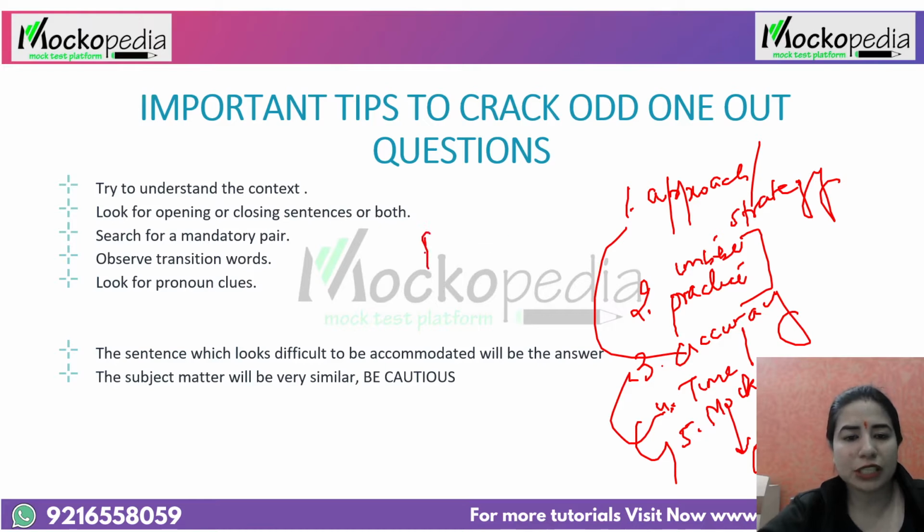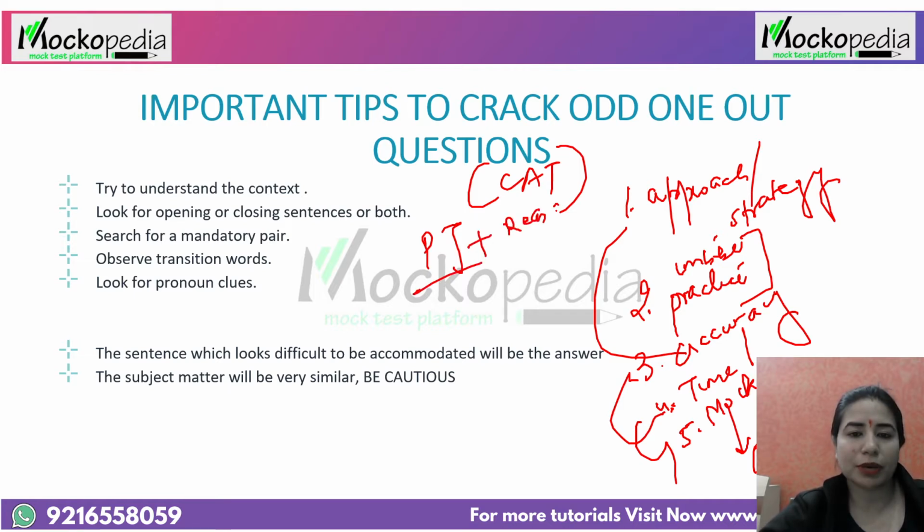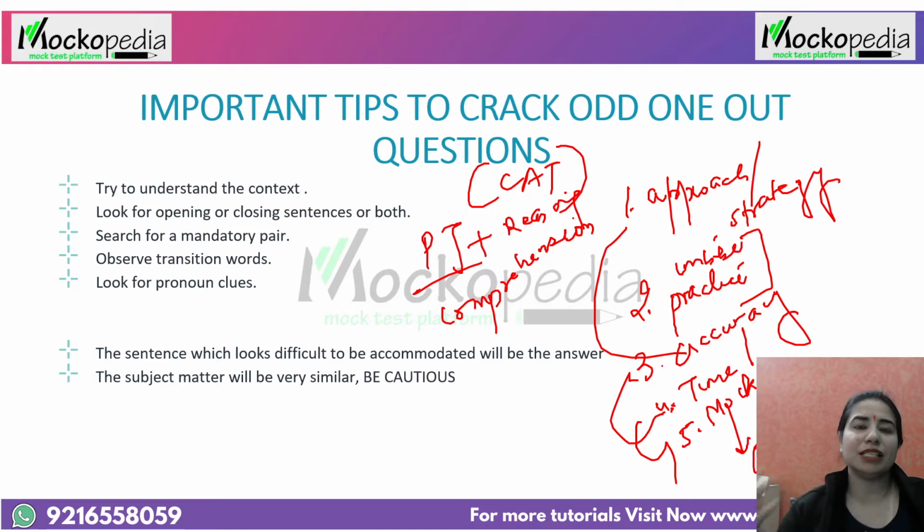You see these questions very commonly asked in CAT, right? So these are para jumbles plus reasoning, that's how you can pick it. And of course, comprehension. Any verbal question having a few sentences would definitely demand that you understand the data, you imbibe the information, and then only you can solve.